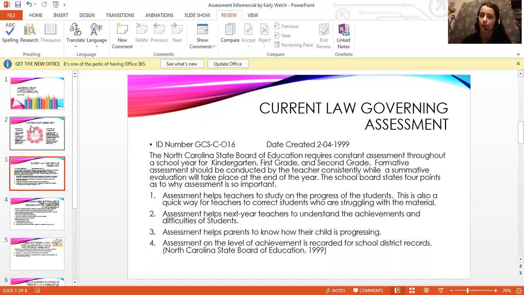And then number two, assessment helps next year's teachers see the students' progress and their strengths and their weaknesses. And then number three, it helps you as parents to see how your child is progressing throughout the school year. And then four, it's for our school records.